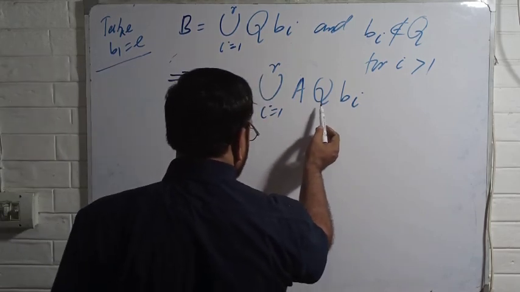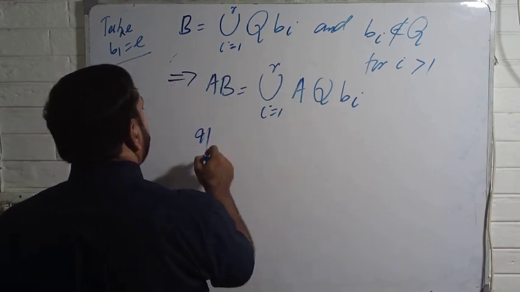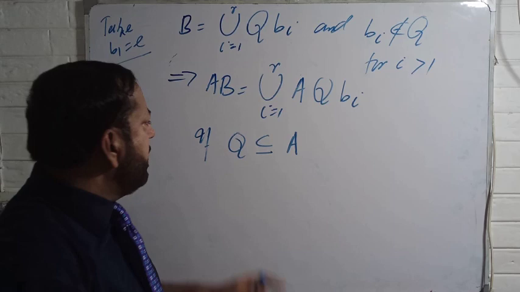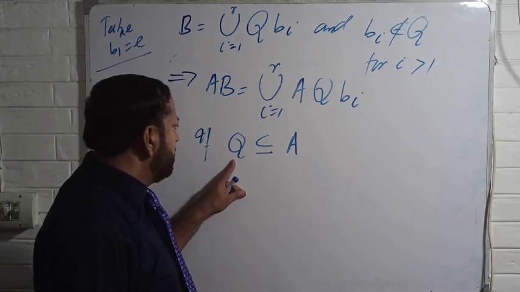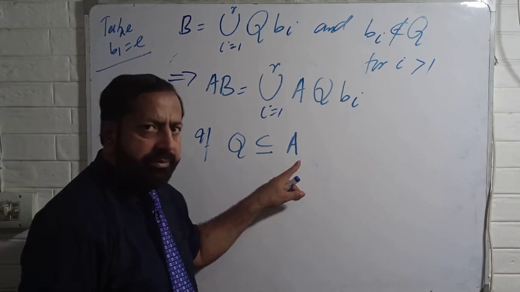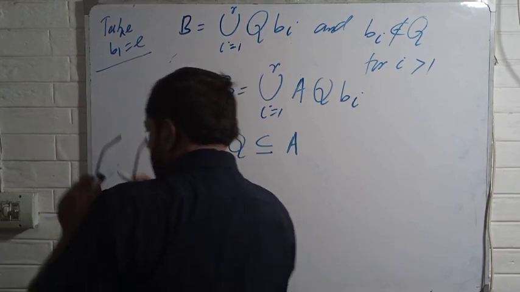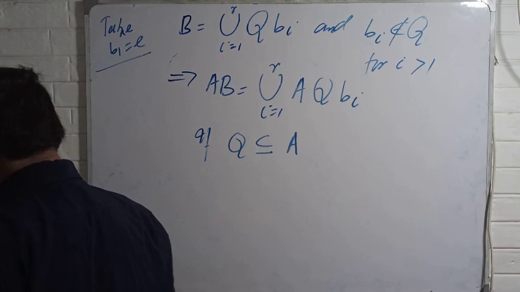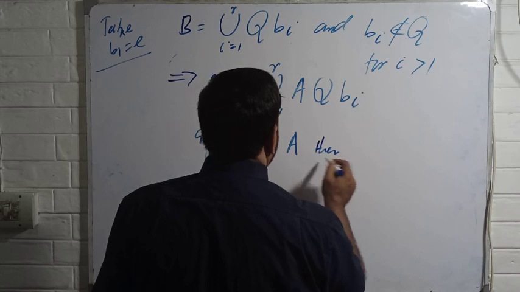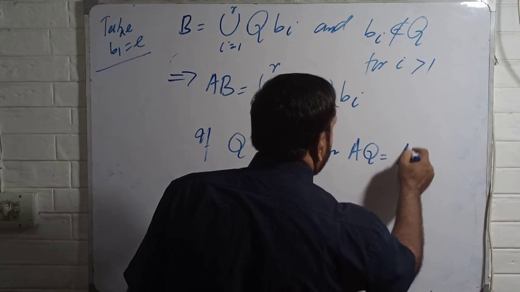Now since Q is a subset of A, this means that every element of Q is in A. Every element of Q is in A. So AQ would be equal to A.